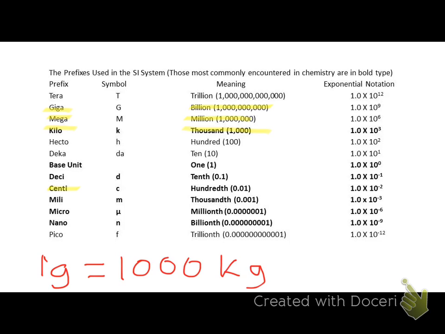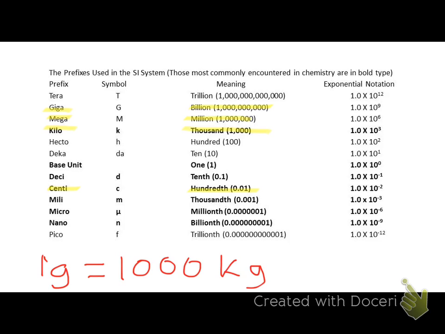Alright. What about some of these other units down here? Like, what about centi? Well, centi means 1/100th of a base unit. So if I'm dealing with length, with the meter being the base unit, and I'm working with centimeters, it would take 100 centimeters to equal 1 meter.